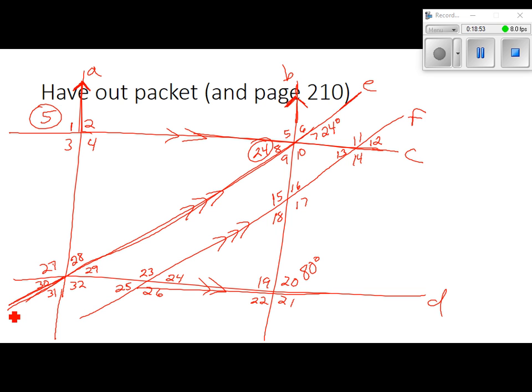Do we know any of those? Oh, wait, no, that'd be 15, 16, 17, 18. Now, be careful. Okay, yeah, I used the wrong one, didn't I? My fault, I looked at the wrong thing. That's 15, 16, 17, 18, isn't it?